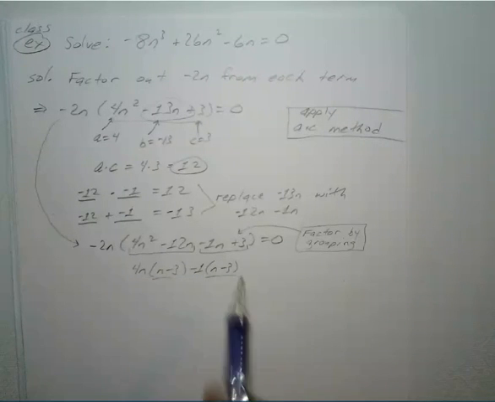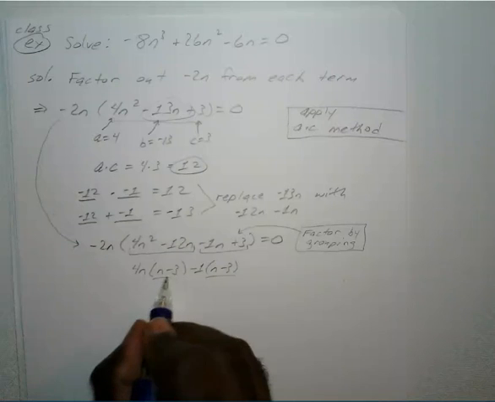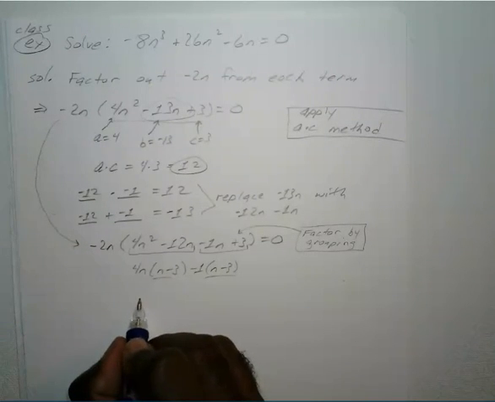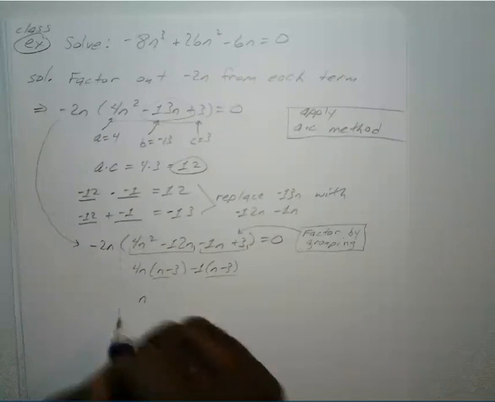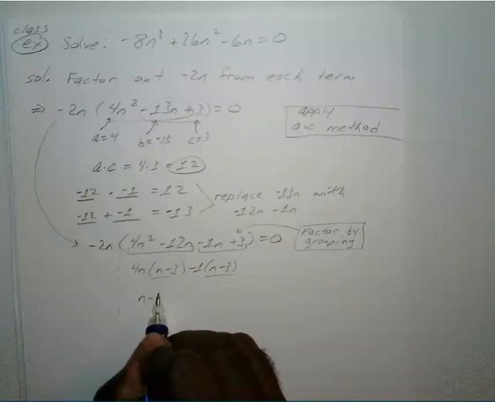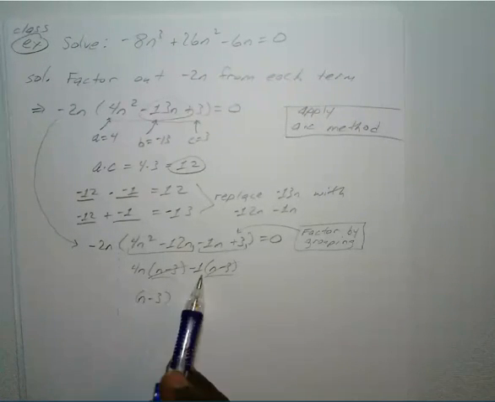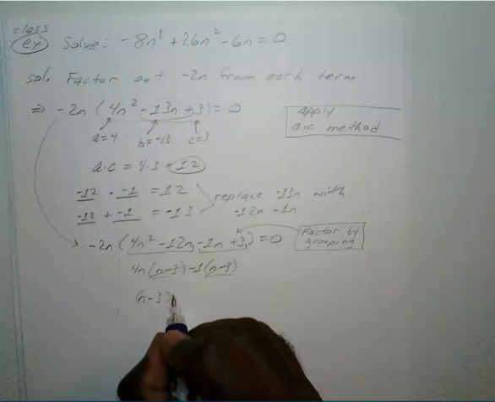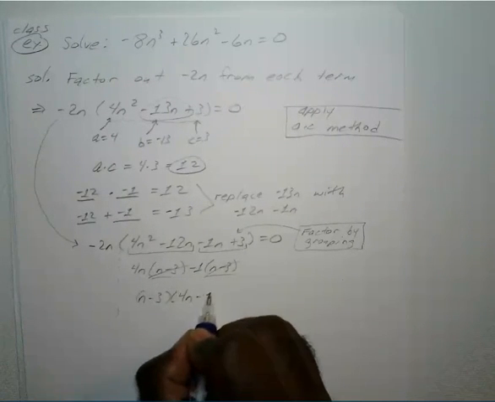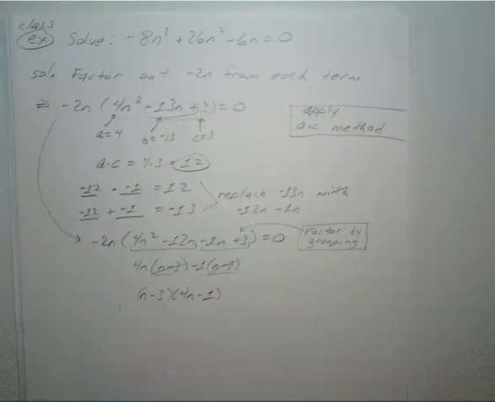Okay, now once we know that our 2 binomials match, we can factor those out. So we get, and remember, we're just doing this part right now. So we have n minus 3. Those 2 cancel out, and what's left goes in the other binomial. So we have 4n minus 1.